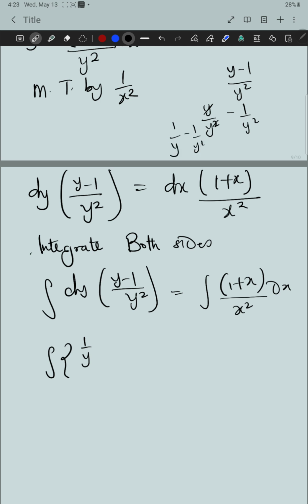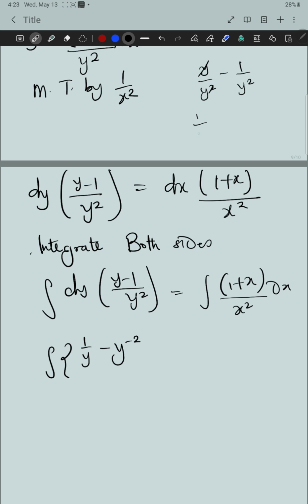Let's just do it this way: 1 over y minus y to the power of negative 2. Why did I get that? Let me explain. Y over y squared minus 1 over y squared. This cancels one of these, 1 over y minus, according to the law of indices, you can write this as this. Do you understand? So that's how we have it there.